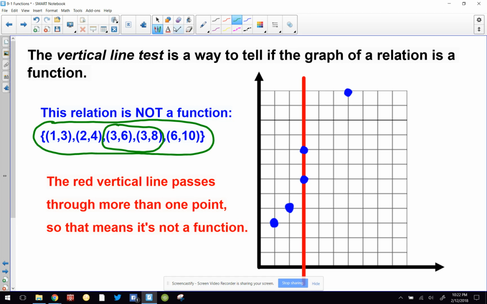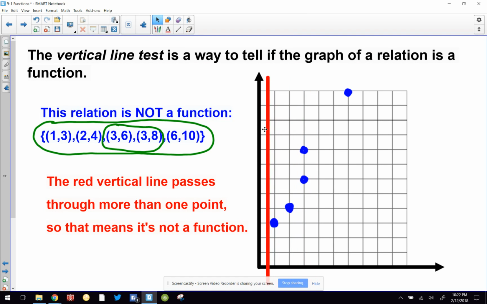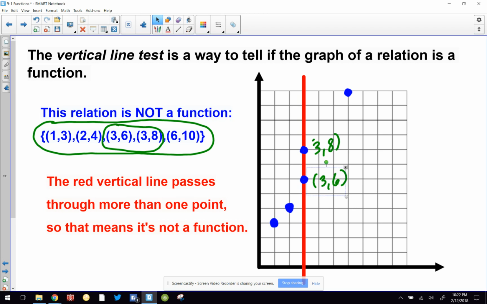So what does that look like on the graph? Well, you can see this vertical line right here. If I were to take a vertical line and sweep it across the graph of my relation, you'll notice that right here, it goes through 2 points at the same time. These are the points (3, 6) and (3, 8).